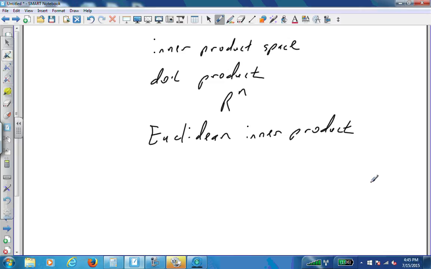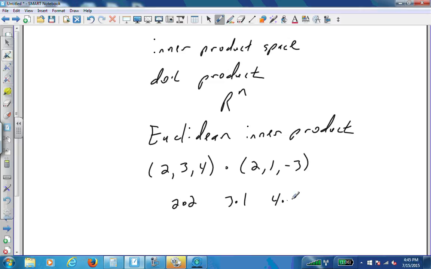And remember that the way we take a dot product, if we have two three-dimensional vectors, U1, U2, U3 and V1, V2, V3, we multiply corresponding components together and add those up.